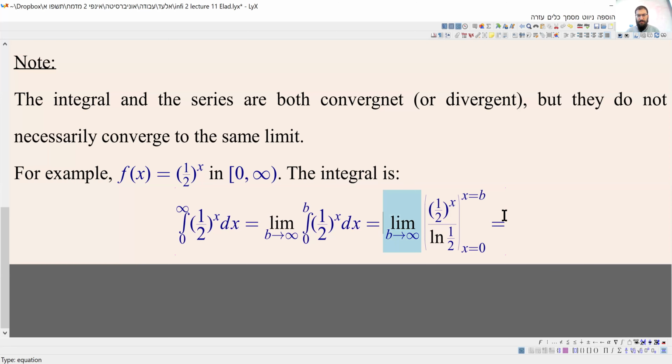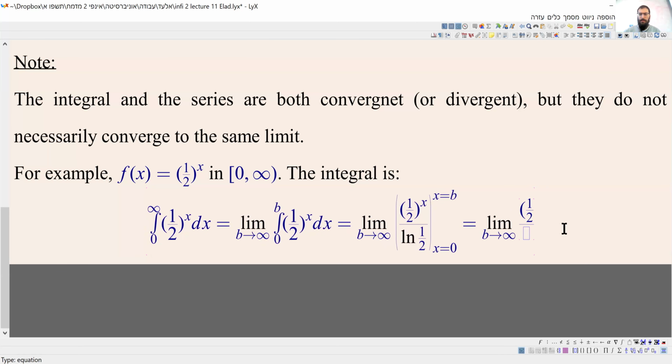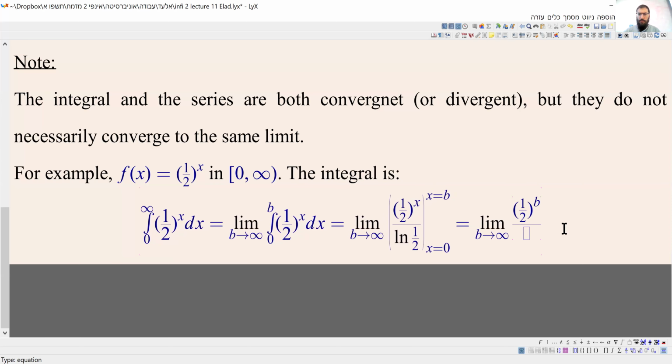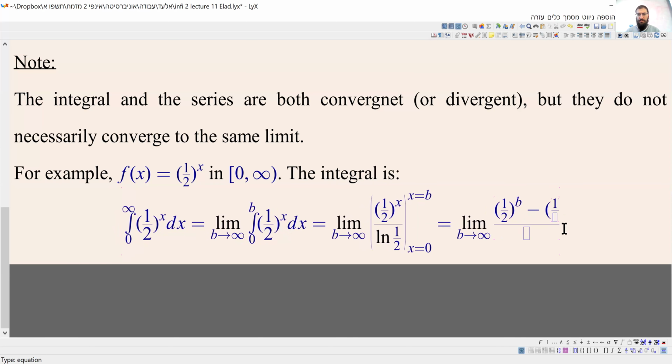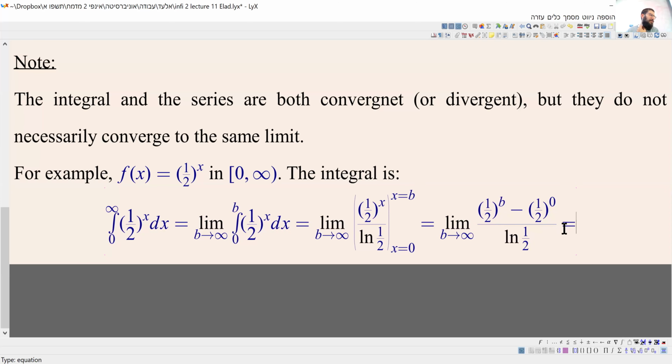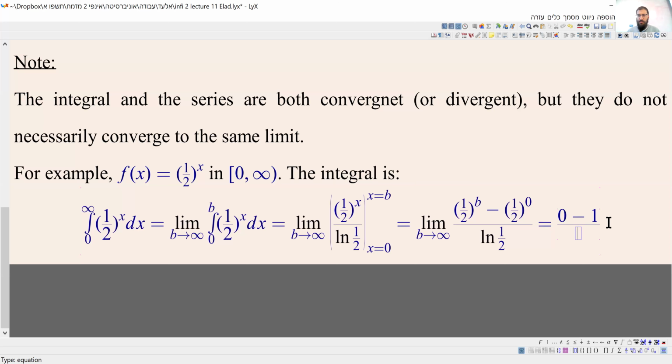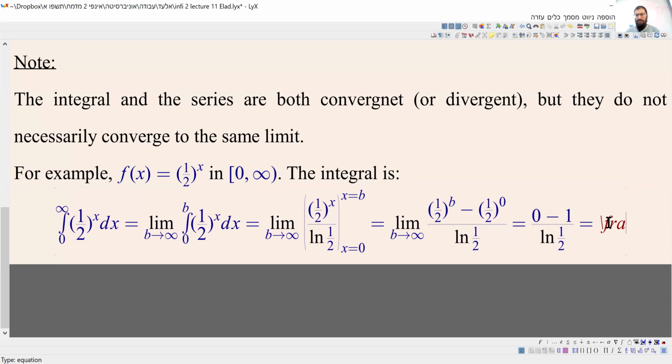We have the limit of half to the power of b minus half to the power of 0, all above ln half. Now, when b goes to infinity, half to the power of b goes to 0, and we have 0 minus 1 over ln half, which by laws of logarithm is 1 over ln 2.